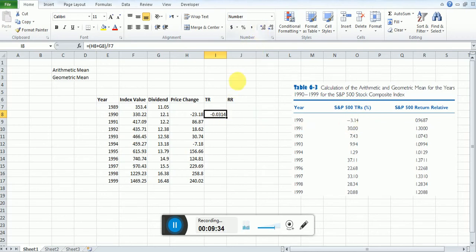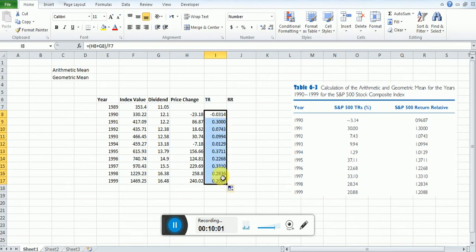If you multiply this value with 100, then this will become minus 3.14. Just drag it down. So next value we have 30, and here is again 30 if you multiply with 100. Okay, this is the total return we have.